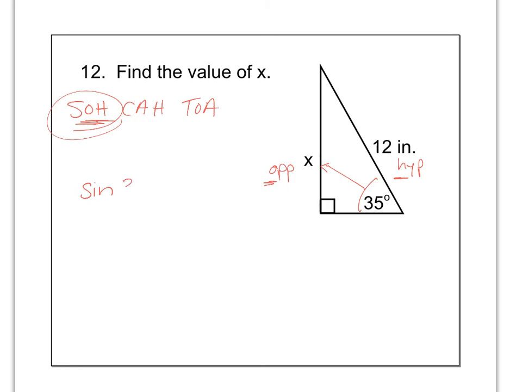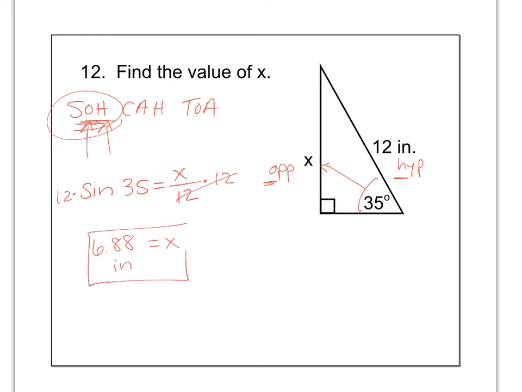So sine 35 equals opposite over hypotenuse, x over 12. Remember that O goes in the top, the H goes on the bottom. Multiply both sides by 12. And then you're going to type it into your calculator. 12 sine 35. 6.88, and we can label it inches.